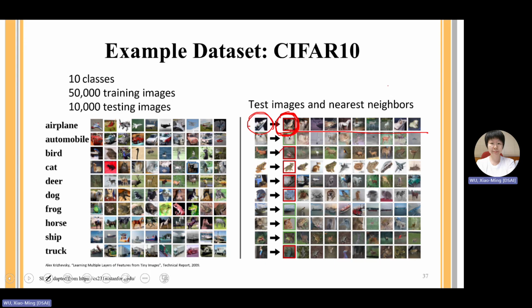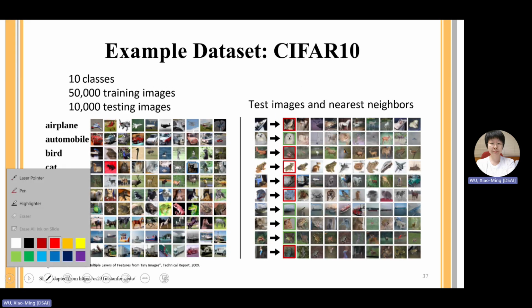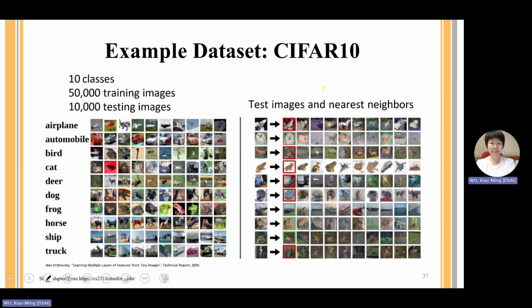The test sample here is a plane image, but the image with the closest pixel distance is a bird image. Also, these are wrong classifications. For example, this is a frog image, but the nearest one is a cat image.